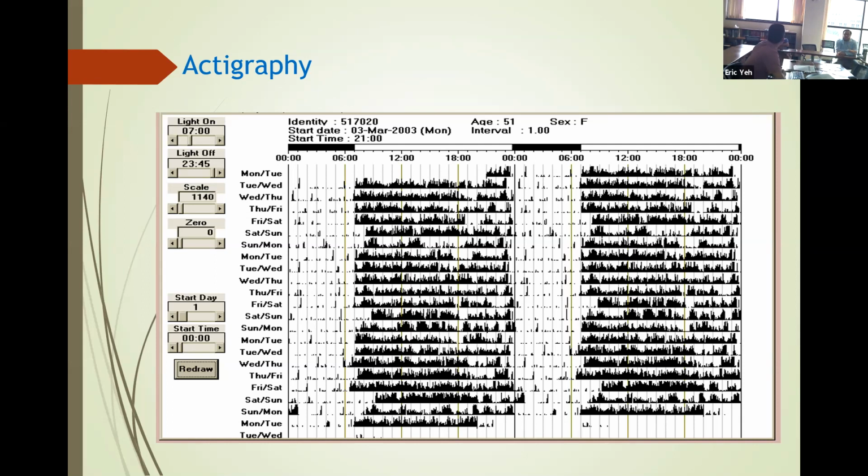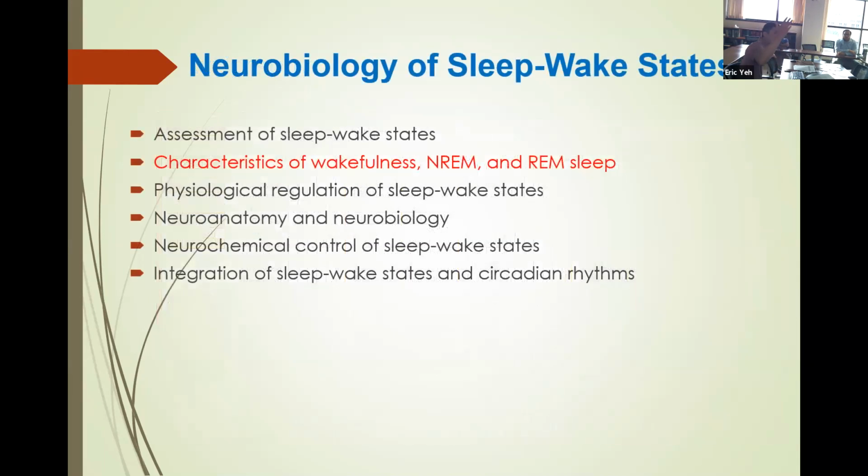But there are ones that are so complicated that you have to really dial in from all facets of approach, and psychologically that's one of the major approaches you need to take to establish that patient relationship. So actigraphy for the objective finding: a lot of times we just need to see what really is going on, and then go from there. Those are the assessments that we use often.